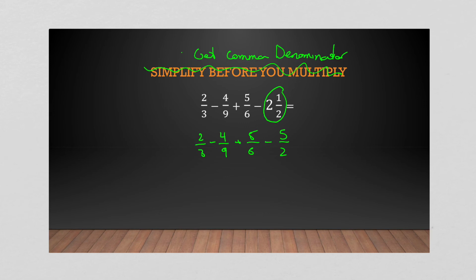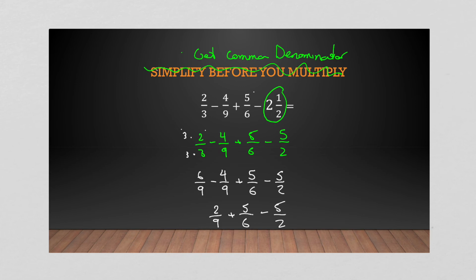So I'm going to do this from left to right, and you'll see that 2/3 minus 4/9, I'm going to need this to be a denominator of 9. So I'm just going to do this one first. This becomes 6 over 9 minus 4 over 9, and then plus 5 over 6 minus 5 over 2. Now I can do the first one, 2 over 9, but you'll notice it didn't really simplify. I can't simplify 2 over 9, so it didn't really help me out.